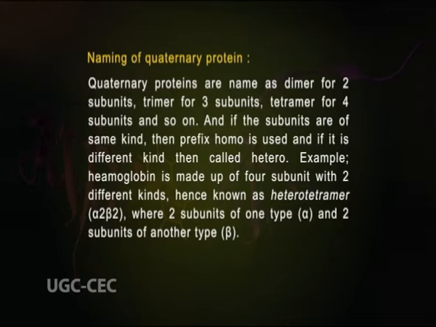If the subunits are of the same kind, the prefix homo is used, and if they are of different kinds, it is called hetero. For example, hemoglobin is made up of 4 subunits of 2 different kinds, hence known as a heterotetramer, with 2 subunits of one type, alpha, and 2 subunits of another type, beta.